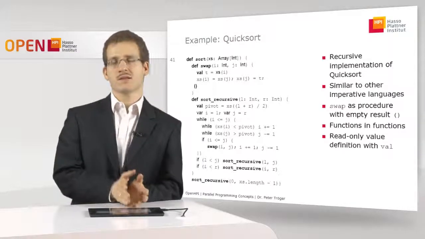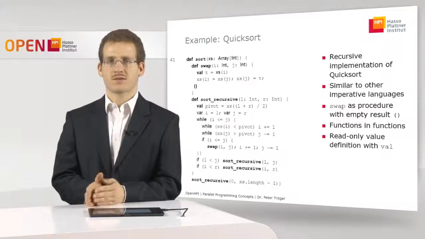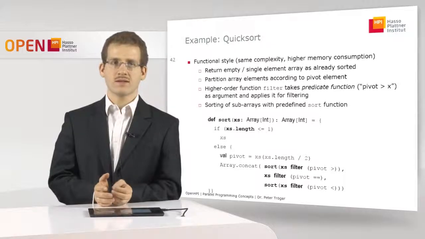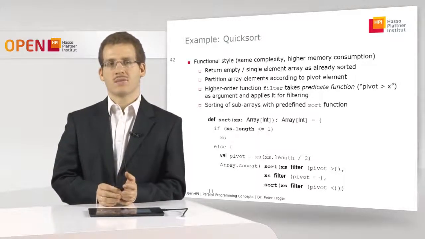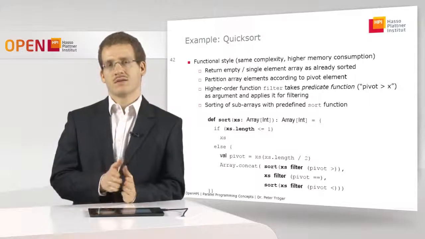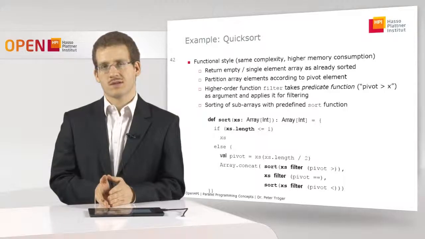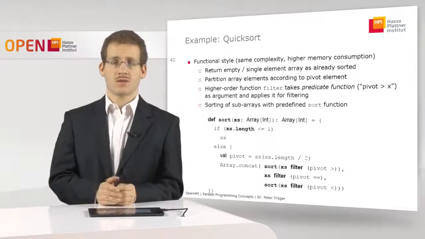If we now take this example and simply rewrite it again in Scala syntax to have a more functional style, it would look, for example, like this. So we have again a sort function, but in this case we use support from the language libraries in Scala for functional statements such as the filter higher order function.